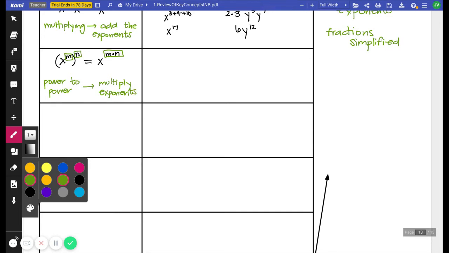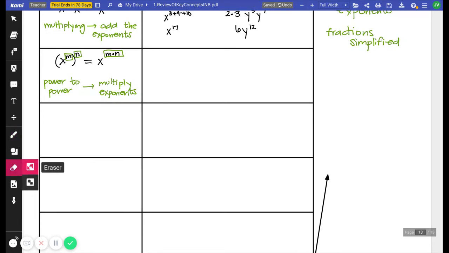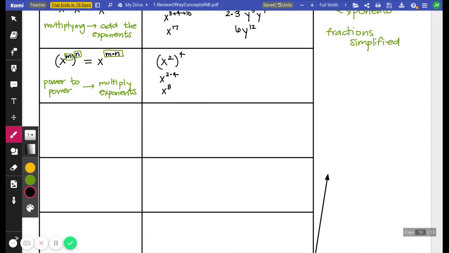Quick example. Let's say I have x to the 2nd raised up to the 4th. That means I have 4 groups of 2 x's. So I do 2 times 4, I get x to the 8th. If I have y to the 3rd raised up to the 5th, here's what that means.